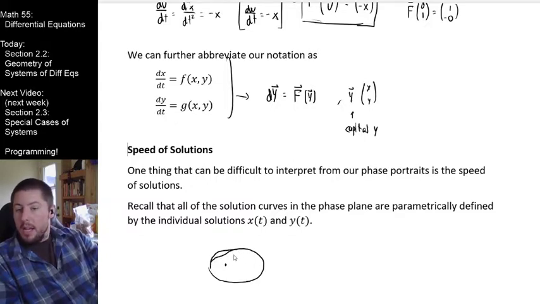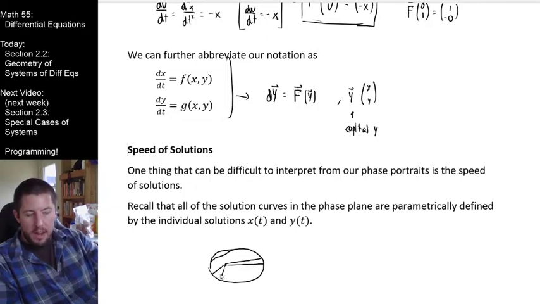And what I know is we actually travel much faster when we're closer to the sun, and much slower when we're further away from the sun. In fact, I think this is one of Kepler's laws, which says that the area swept out in an ellipse will always be equal over any given amount of time. So if this little sector is equal in area to this one here, then this will be swept out in equal time as this much shorter one.